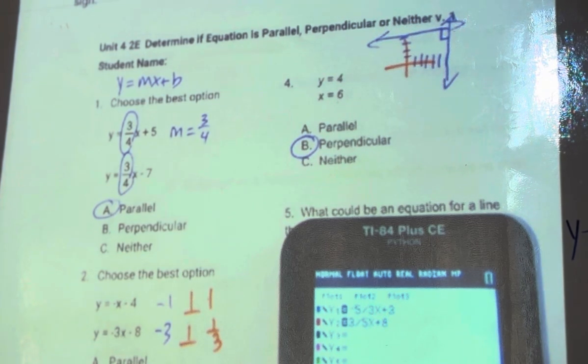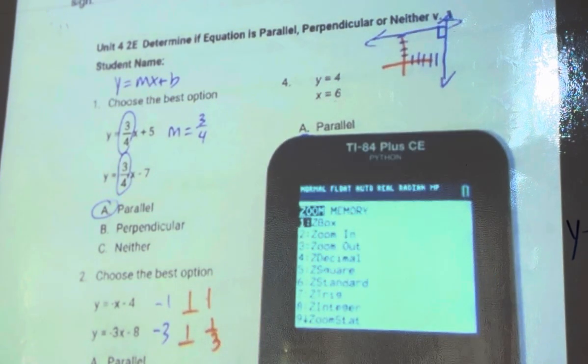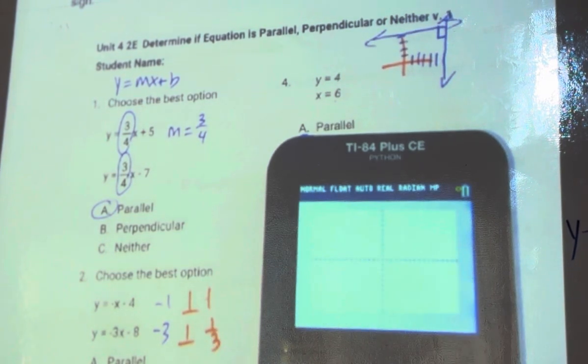In Zoom standard, number 6 is what we normally use, but Zoom square will take your screen and make it look square. So that is number 5. If you zoom square, you'll be able to see the right angle. If you put the same equation in your calculator and your zoom is on standard, it's not going to quite look like a right angle.